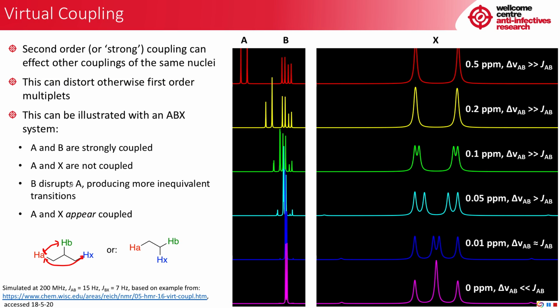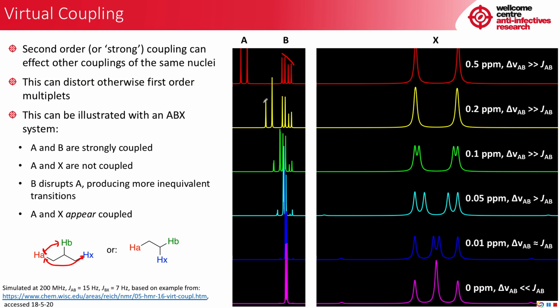But I think it's easier to show you this with an illustration. So here we have A and B. Their signals are 0.5 ppm apart. This is much larger than the J value, and you can see a little bit of roofing, but that's about it.